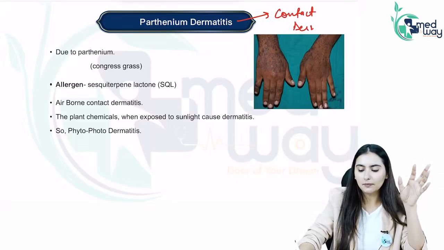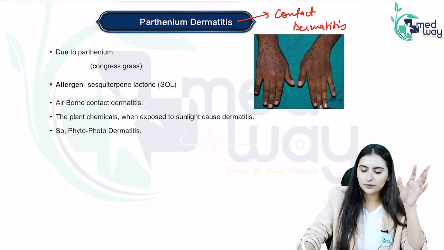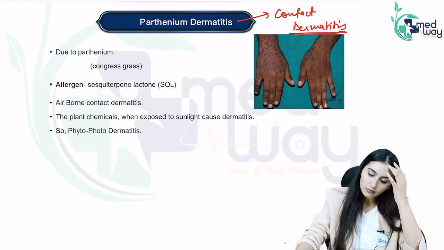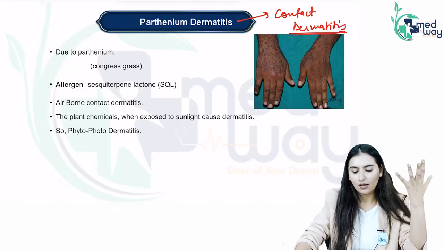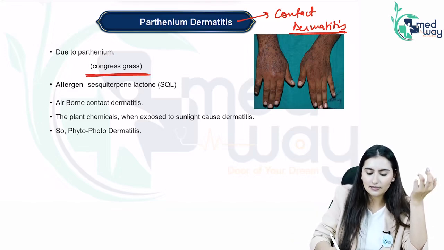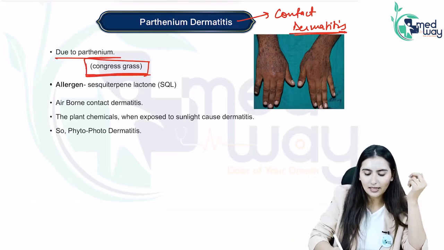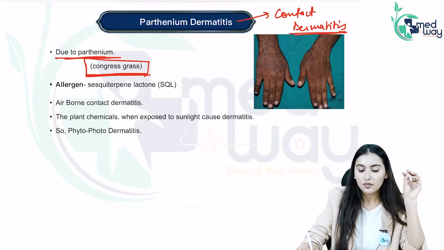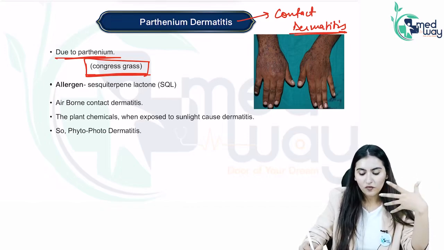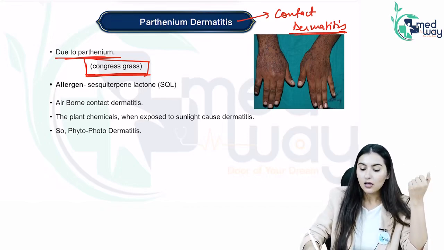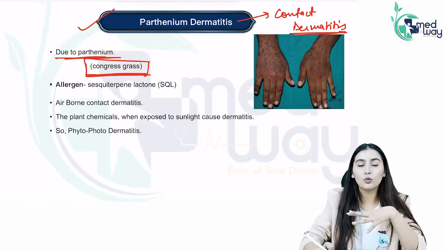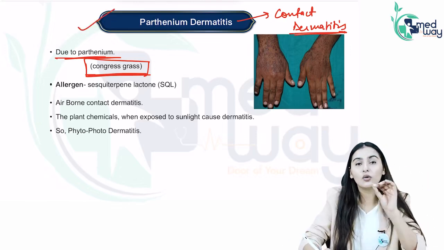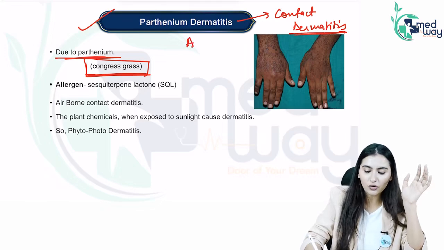What is Parthenium? See, you would have read in NCERT in childhood, in 12th class, that there was something called Congress grass, which was Parthenium or Congress grass. This is a very common sort of allergen. This Parthenium dermatitis does not happen to everyone. This is not an irritant contact dermatitis. It is an allergic contact dermatitis.